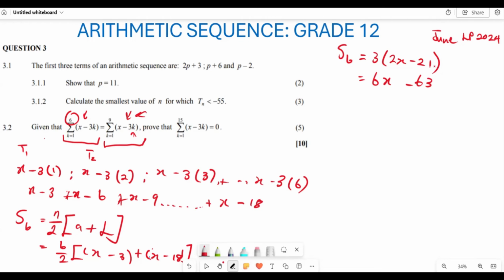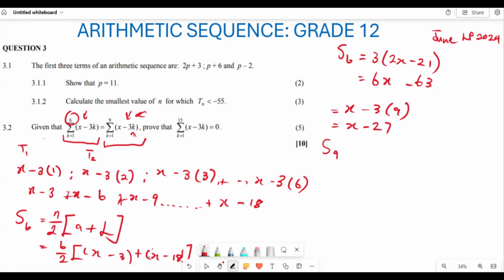The 9th term is x subtract 3 into 9, which is x subtract 27, right?